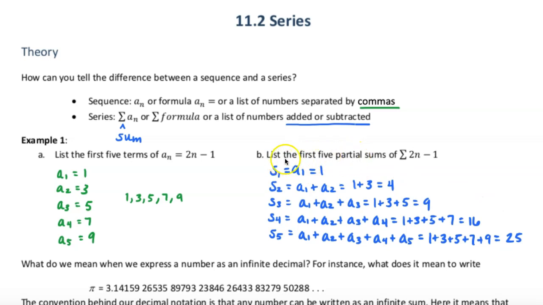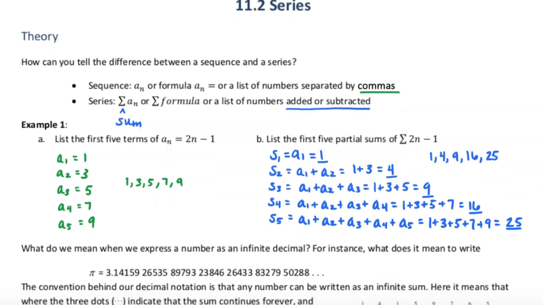So when I list the first 5 partial sums, it's these values here: 1, 4, 9, 16, and 25. And so we have a basic example of the difference between the first 5 terms of a sequence and the first 5 partial sums of a series.